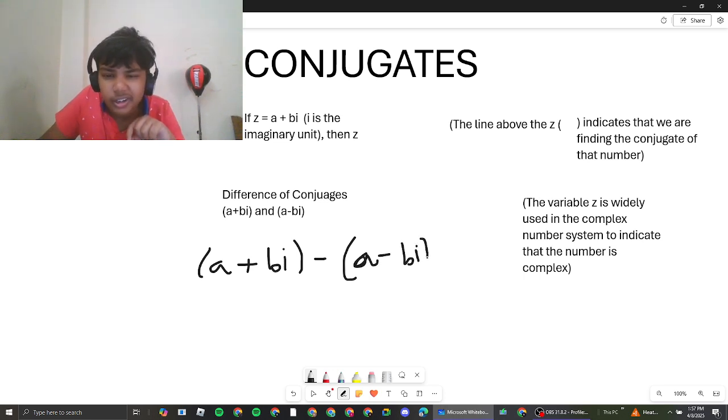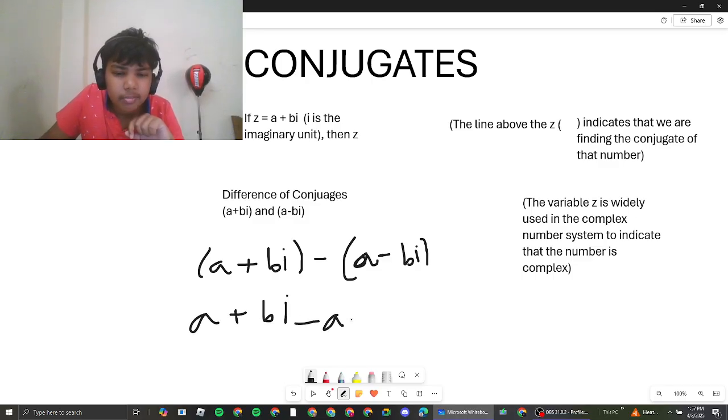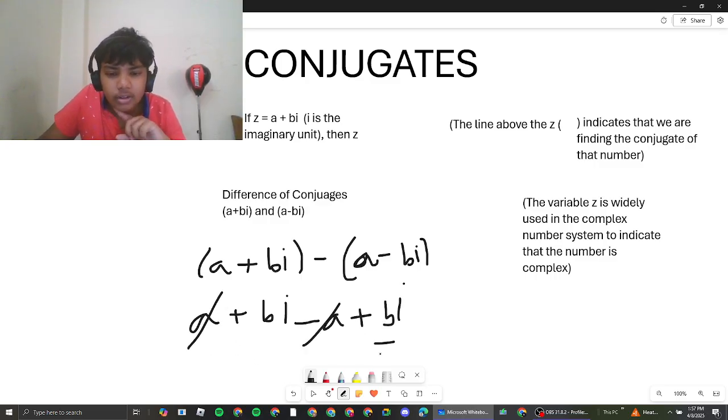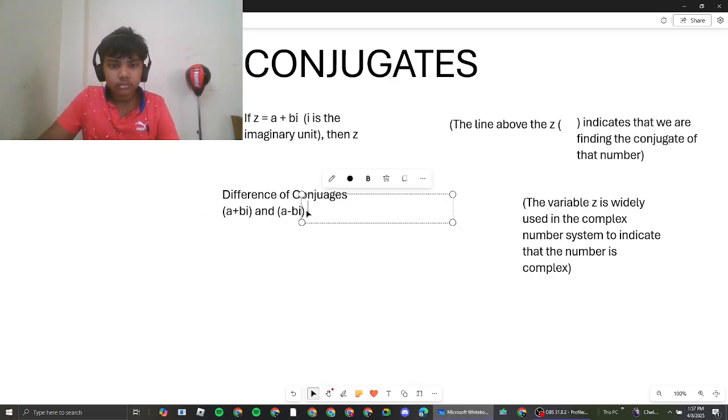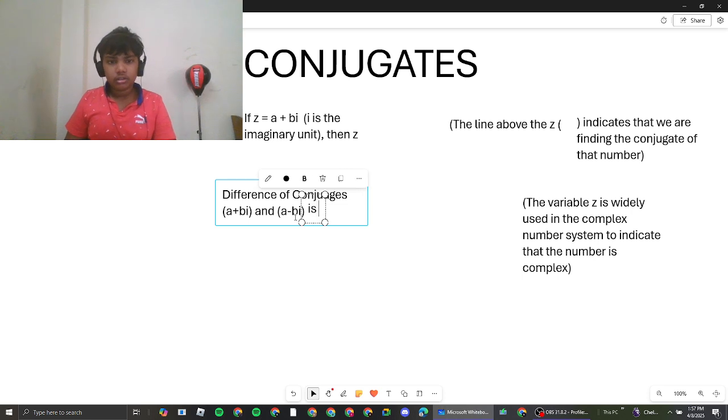Remember, the sign changes, so it becomes a plus bi minus a plus bi. Now the a terms cancel out, and we're left with 2bi. So the answer is 2bi.